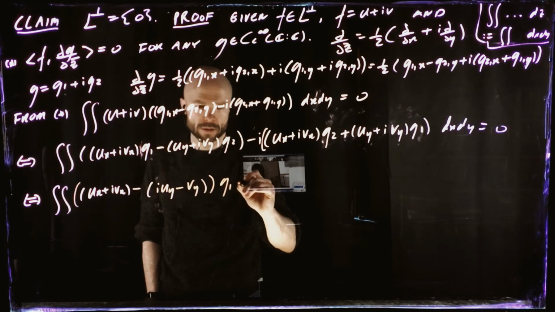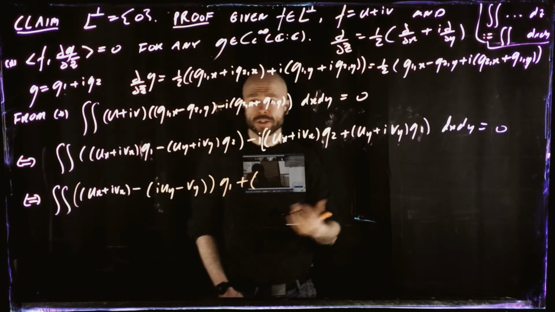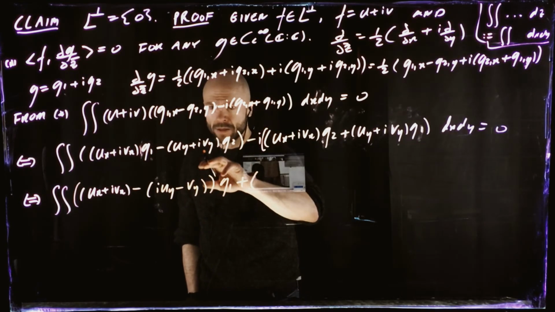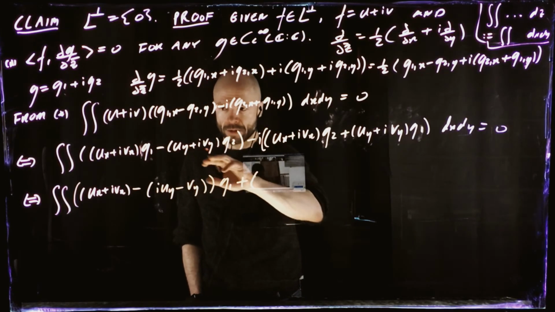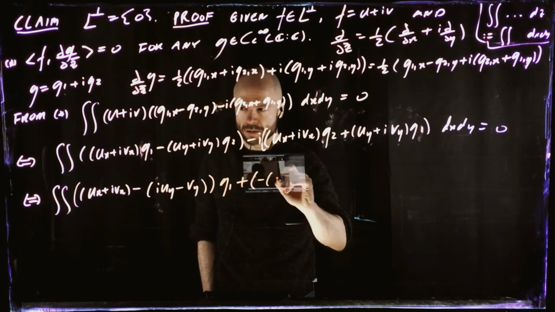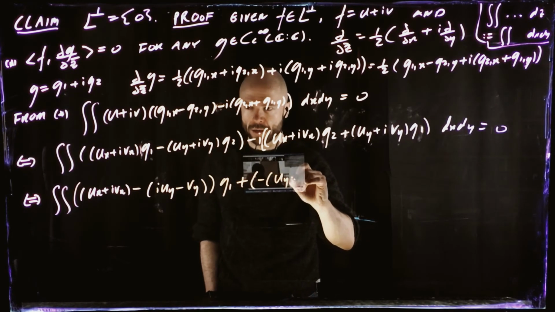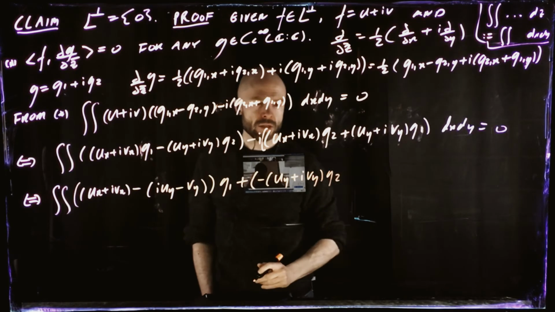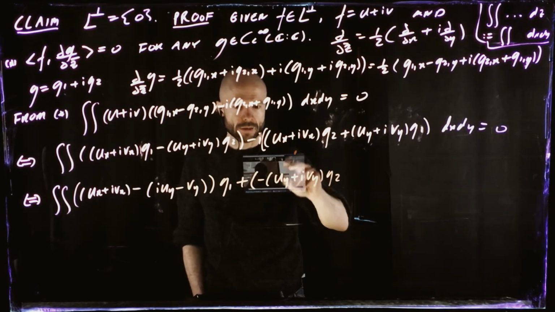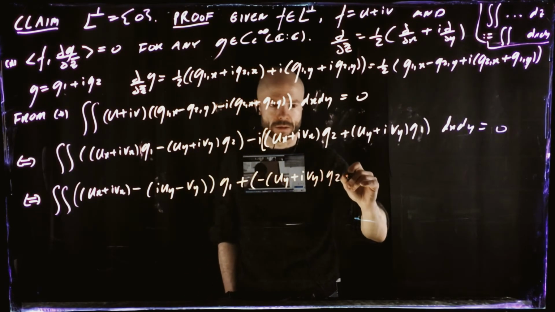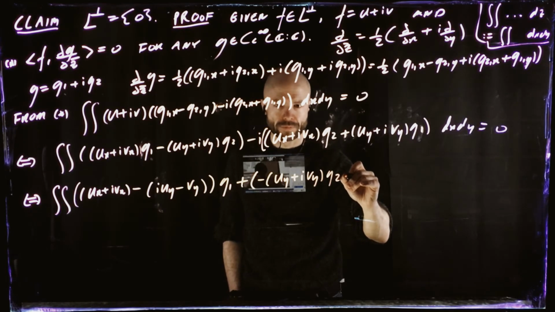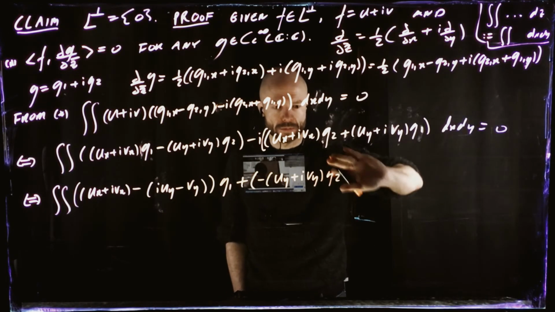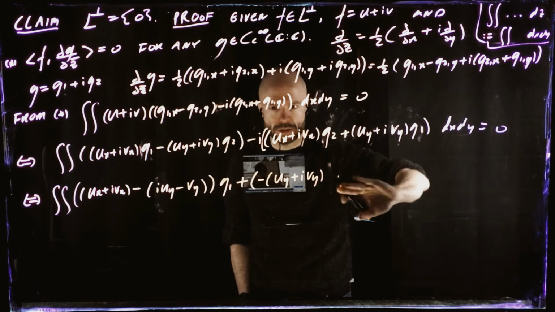Yeah? And let's put the stuff which is tested against g2 together. So we are going to have minus uy plus I vy times g2. And then, no, let's put this always, g2 is on the outside.